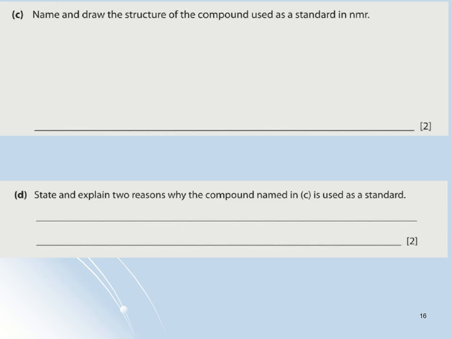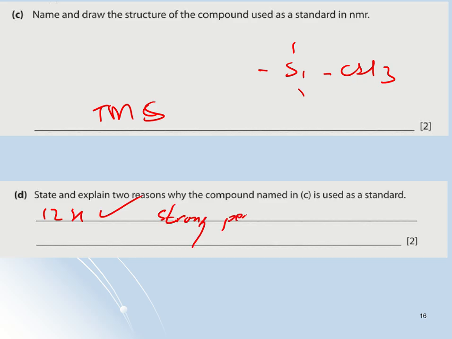Name the structure of the compound used as a standard in NMR. Well, that's TMS, okay, and it's TMS, not TMC. It's a silicon with 1, 2, 3, 4 CH3s. I'm not going to draw them all in. Two reasons why that compound is used. Well, it has 12 equivalent hydrogens, so that gives you a very good and strong peak.